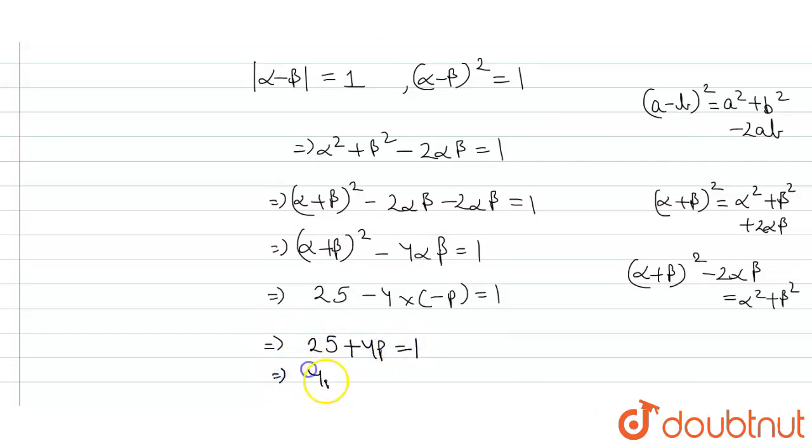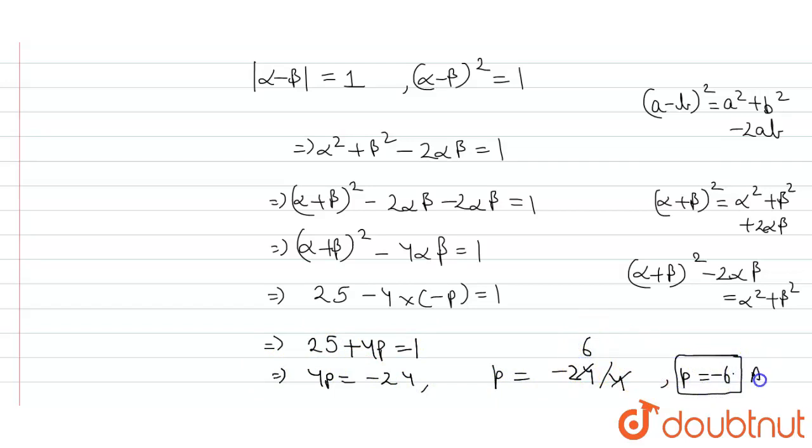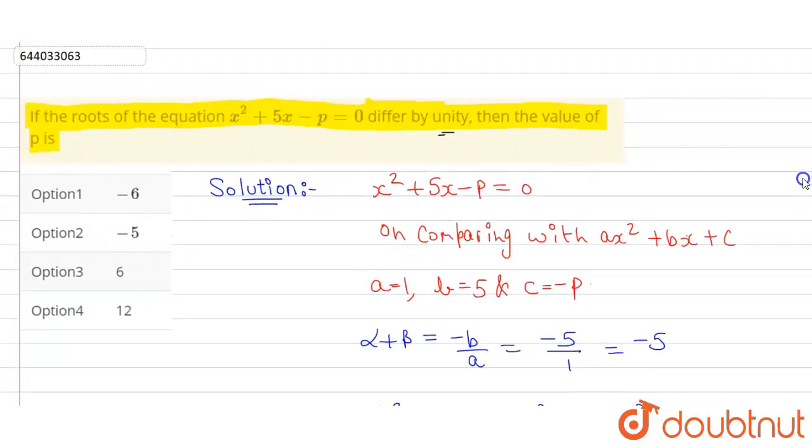So from here 4p will be 1 minus 25 is minus 24. So value of p is minus 24 upon 4. Now 4 6 are 24. So value of p is minus 6. That means option number 1 is correct, that is minus 6.